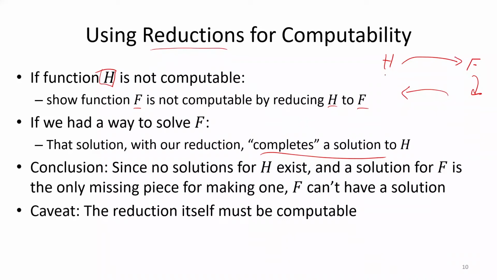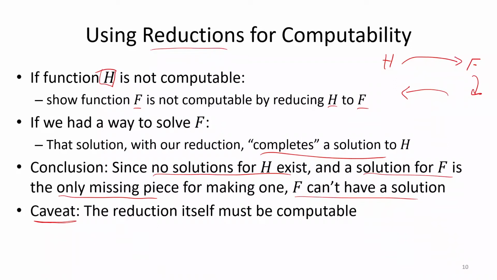So if I knew that there were no complete solutions for h, and the only thing missing from providing this complete solution for h was a solution for f, then it must have been that I couldn't come up with a solution for f, because that would complete an impossible thing. And when we were doing this reduction for computability, we had to make sure that this arrow for how to solve f was the only missing piece, which meant that these other pieces had to be rock solid.